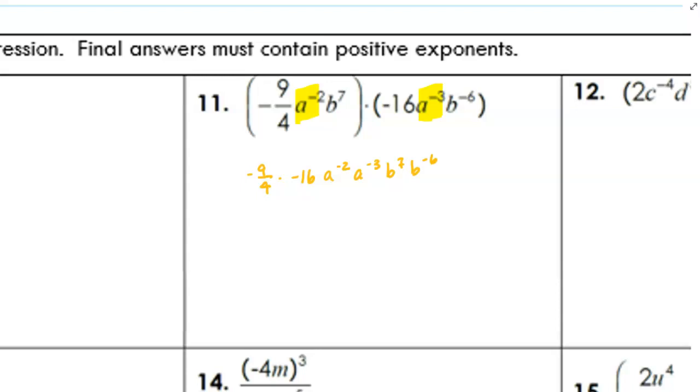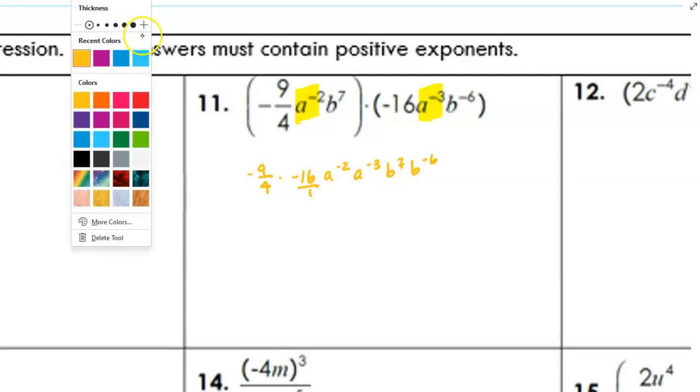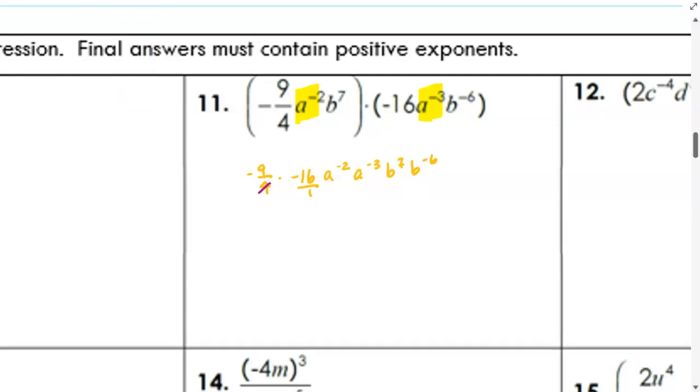Okay, so we have a positive. That's 16 over 1. That is going to reduce 1 and 4. So 9 times 4 is 36. Positive. This is a positive 36. Okay, and then you're going to get an a to the negative 5 and b to the 1.